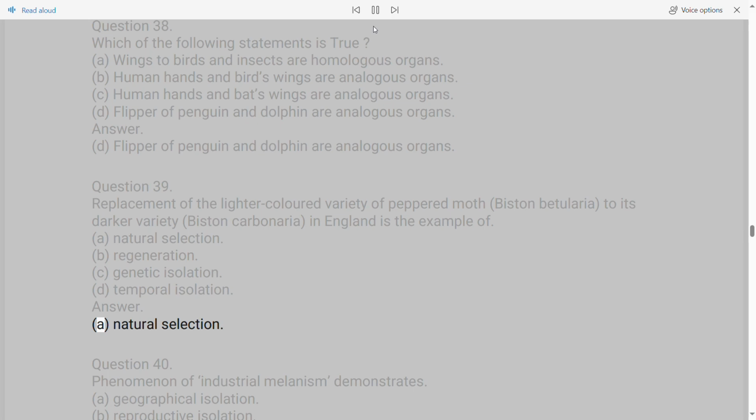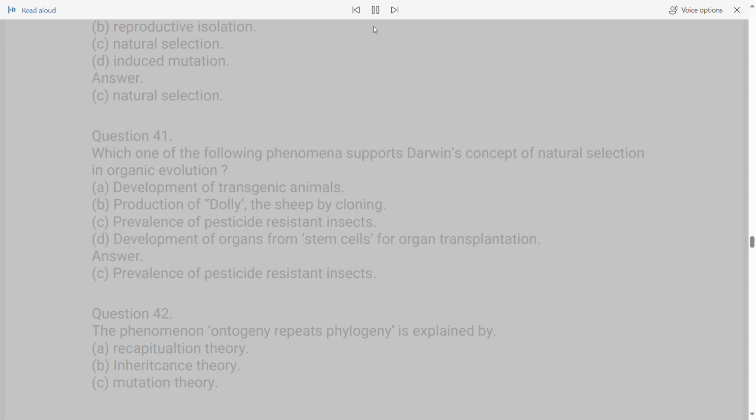A. Natural selection. Question 40. Phenomenon of industrial melanism demonstrates A. Geographical isolation. B. Reproductive isolation. C. Natural selection. D. Induced mutation. Answer. C. Natural selection.